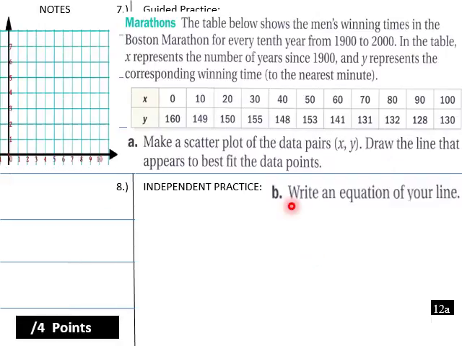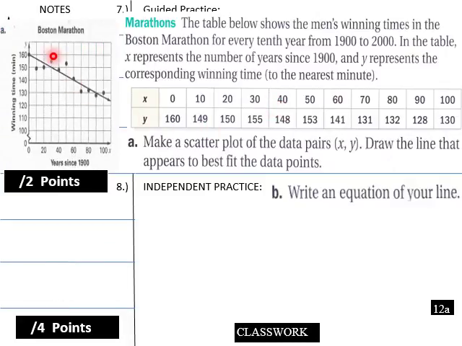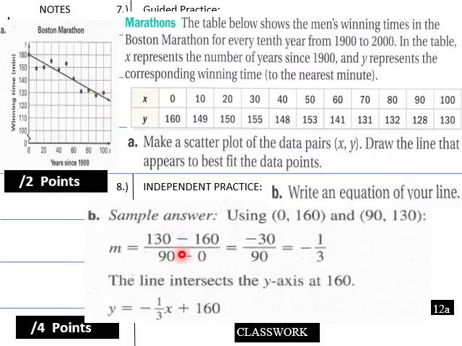So the scatter plot for this data would look something like this. You see your times are falling here. This would be a general trend line for the data. And then we are going to find slope here. We choose our y-intercept, and then we choose 90 and 130, so that'd be like here, and then 130 would be here.